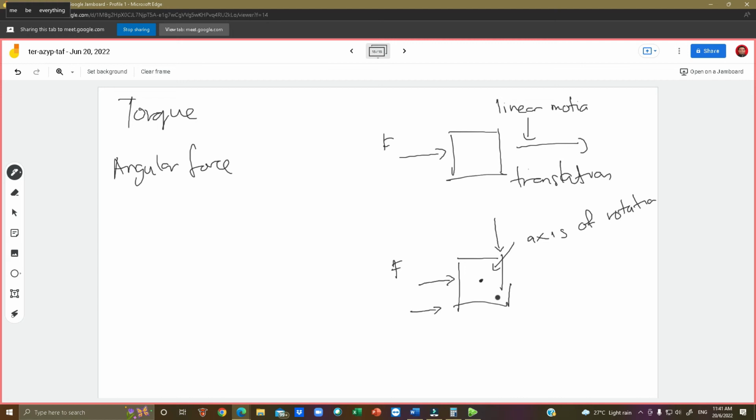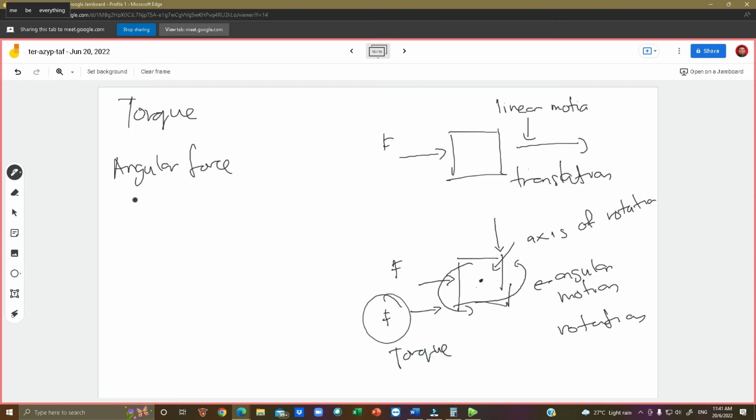So we inflict force here, we are going to see rotational movement. This rotational movement is known as angular motion ataupun rotation. And a force which produce a rotation known as torque.